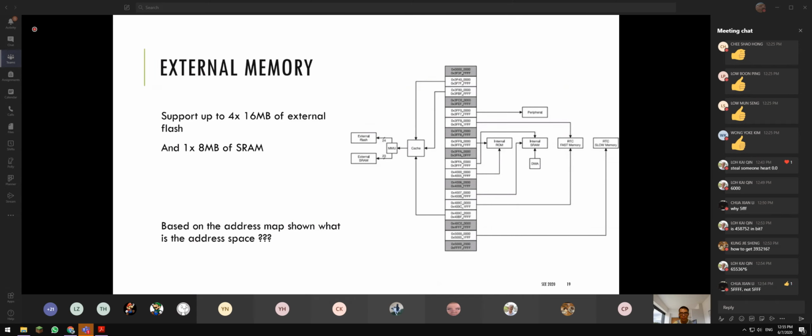Here are some of the arrangements of external memory. We can have a maximum of 8 megabytes of SRAM and 16 megabytes of external flash.